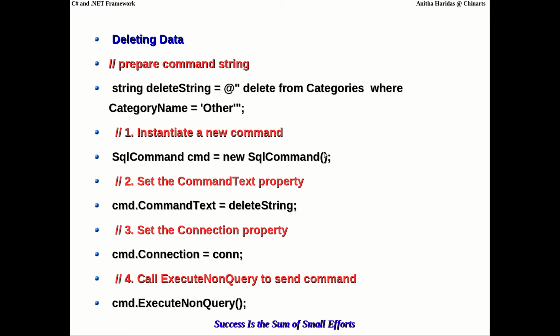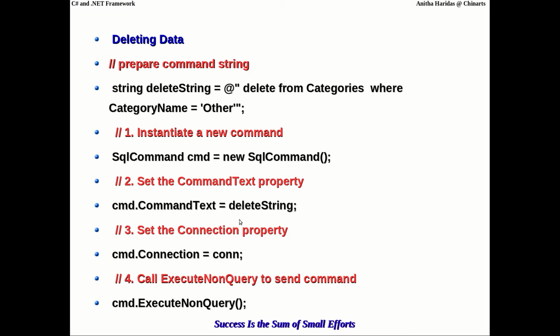I am not passing any argument in the SQL command, I am just creating the command. Then I use a property called CommandText, where I store the SQL query. Then I use the Connection property to store the connection object. Then you can use ExecuteNonQuery.